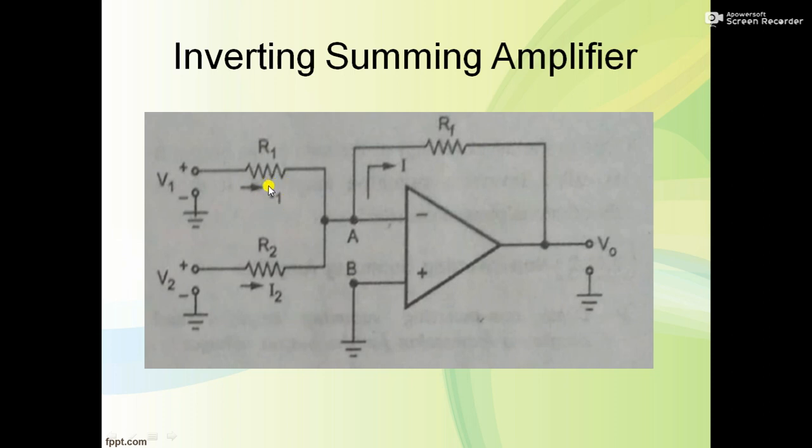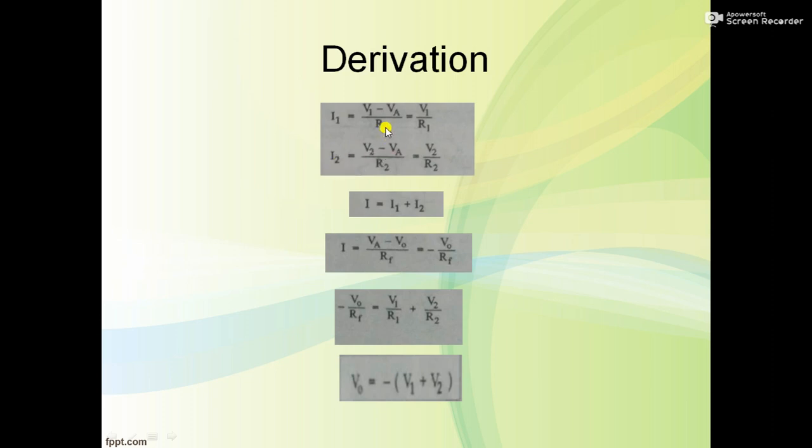Similarly, current I2 is (V2 minus VA) divided by R2. But in this case, according to the virtual ground concept, VA is equal to 0 volt. So finally we get V1 by R1, V2 by R2.